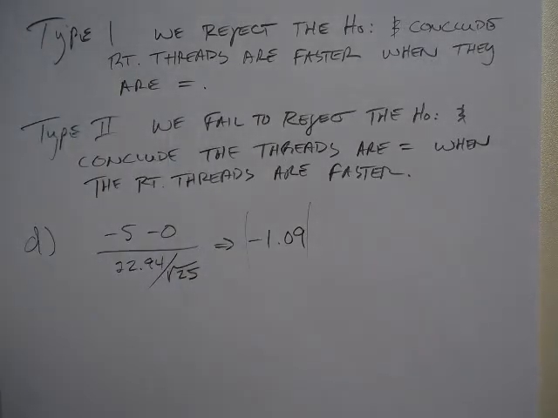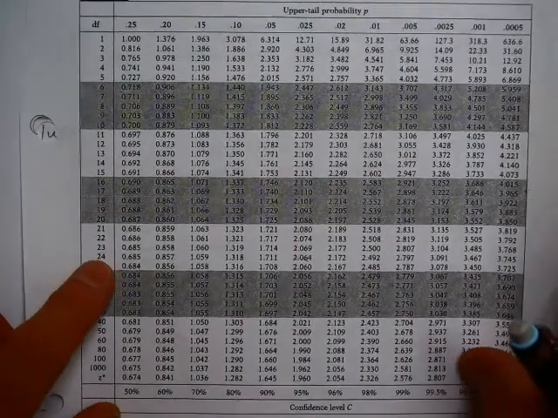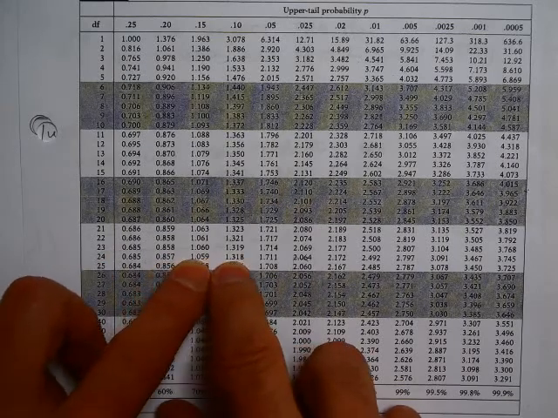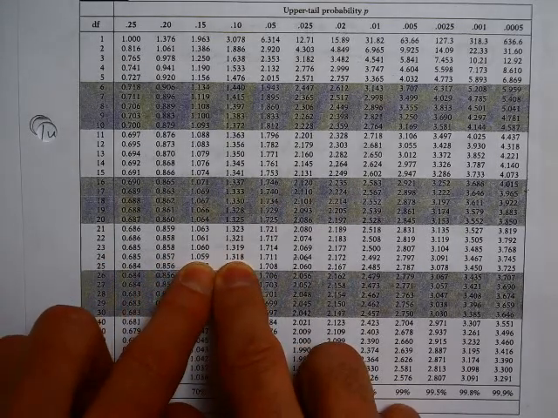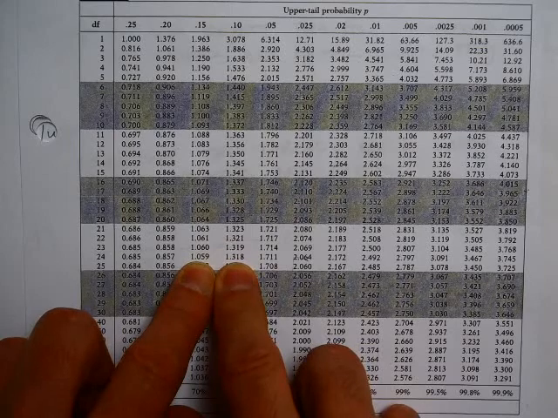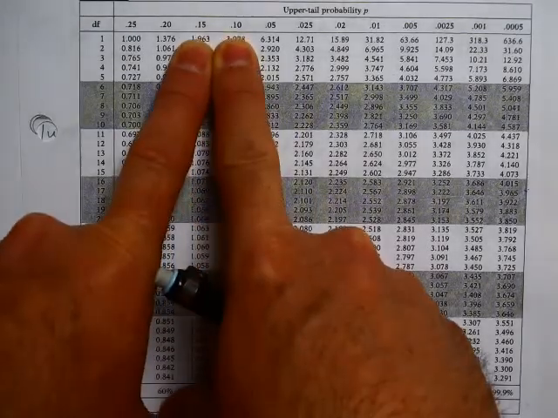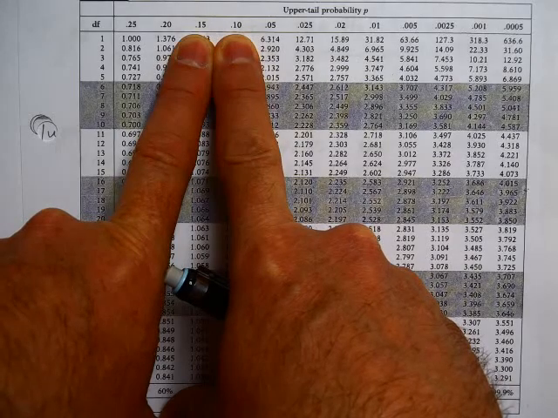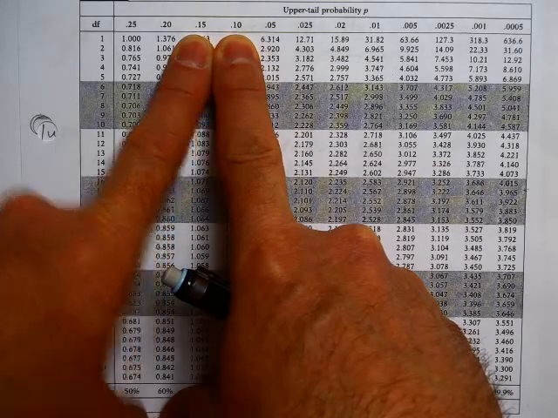So we're going to look at 24 for degrees of freedom. And I'm looking for 1.09, which would be somewhere between these two values, the 1.05 and the 1.31. So that puts it somewhere between 15 and 10% on the probability.